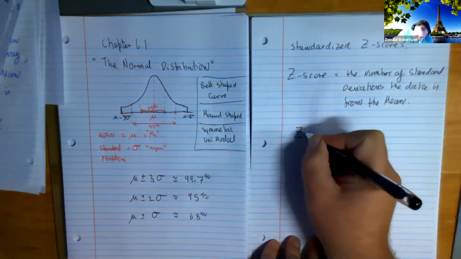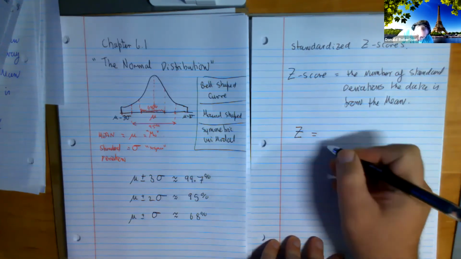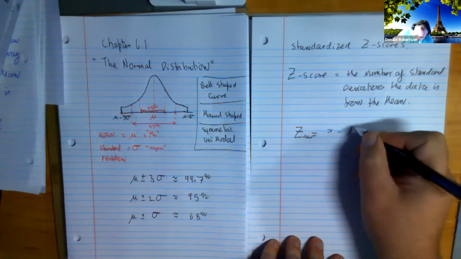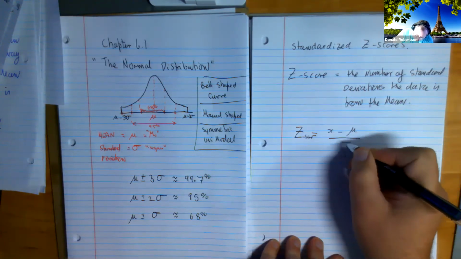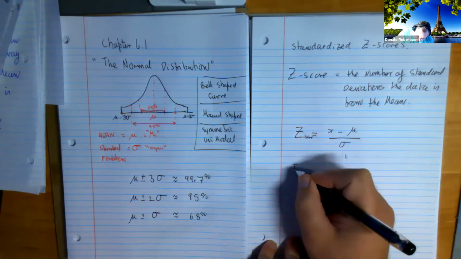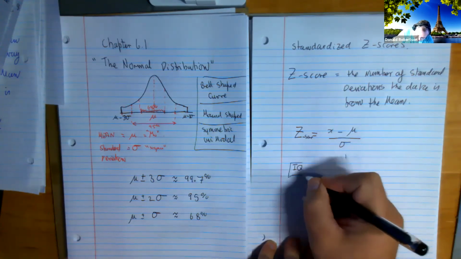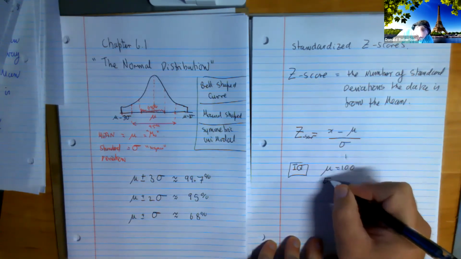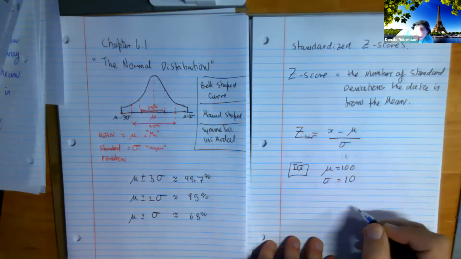So there's a formula for doing that. The z-score is x, that's the data, take away mu, that's the mean, over sigma, the standard deviation. So let's suppose that we do IQ again. The mean is 100 and the standard deviation is 10.